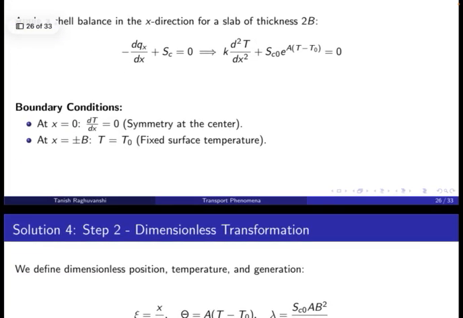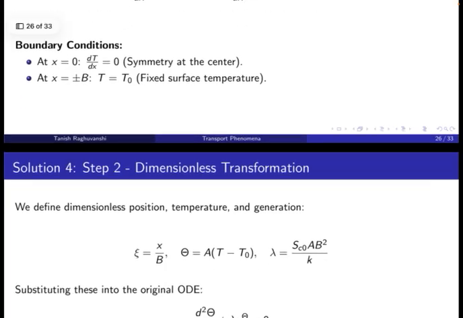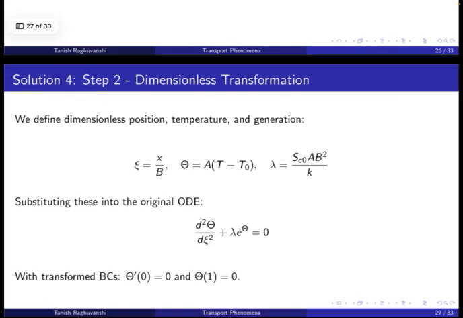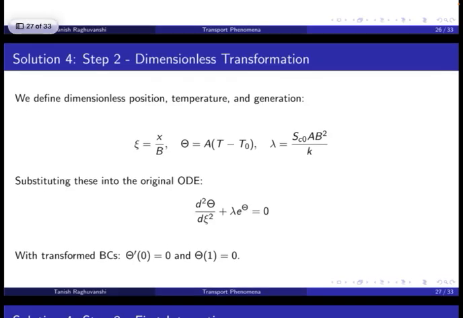So now we apply the boundary conditions. At x is equal to 0, dT by dx is equal to 0 because of the symmetry. And at x is equal to plus minus b, T is equal to T naught, which is the fixed surface temperature. So we define dimensionless numbers as well here: epsilon, theta and lambda.